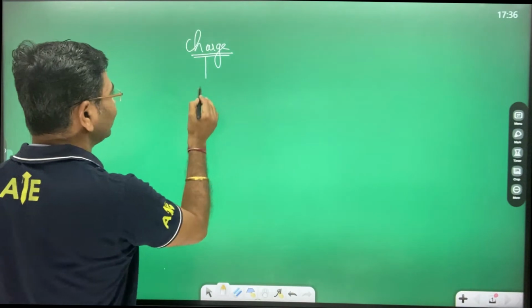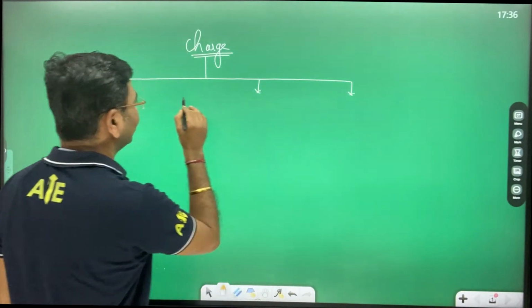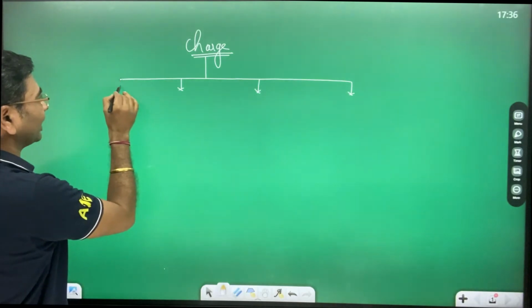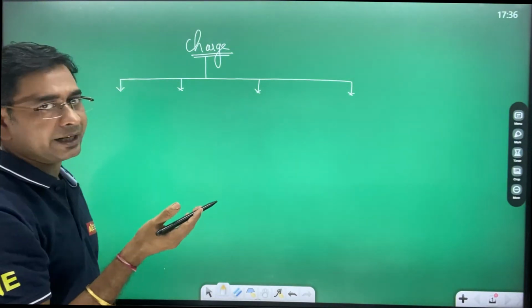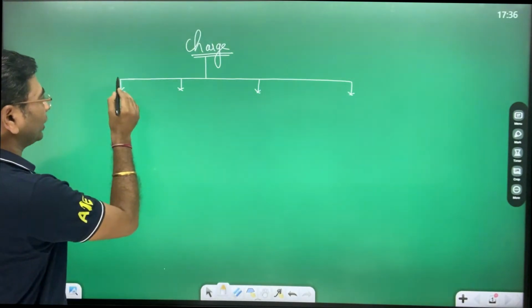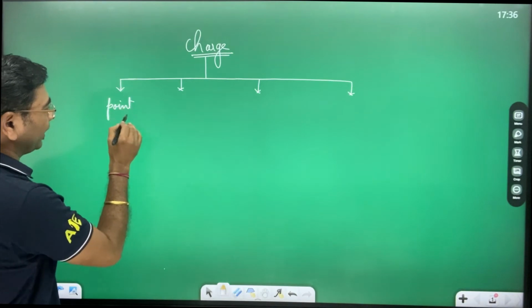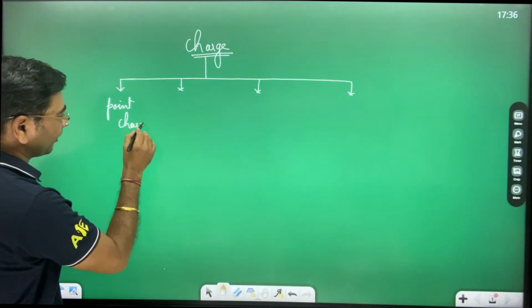Now you will find these charges to exist in basically 4 forms, right? हम 4 फॉर्म की तरह यहाँ पे एनालिसिस करेंगे. Number 1, which we did earlier regarding this Coulomb's law, and that is what is called a point charge.